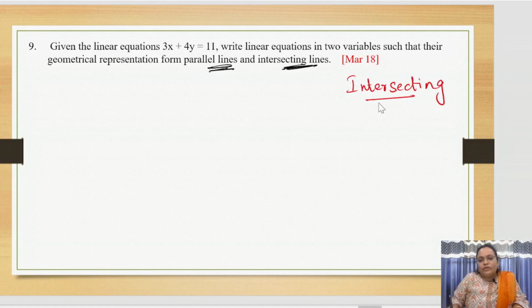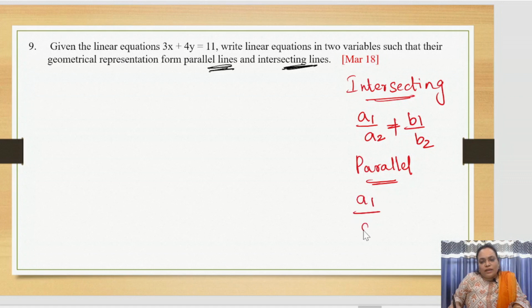So, the condition for intersecting lines is A1 by A2 is not equal to B1 by B2. Yes. And what is the condition for parallel lines? The condition for parallel lines is A1 by A2 is equal to B1 by B2 is not equal to C1 by C2.